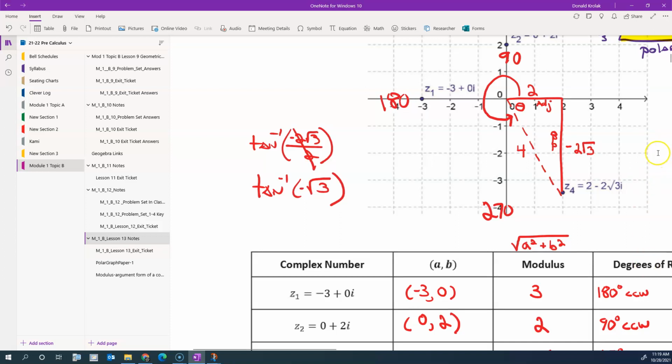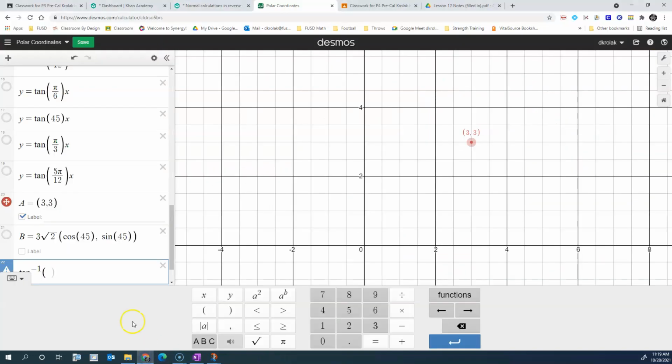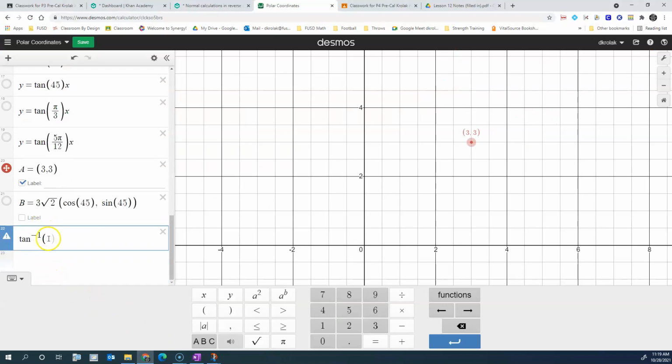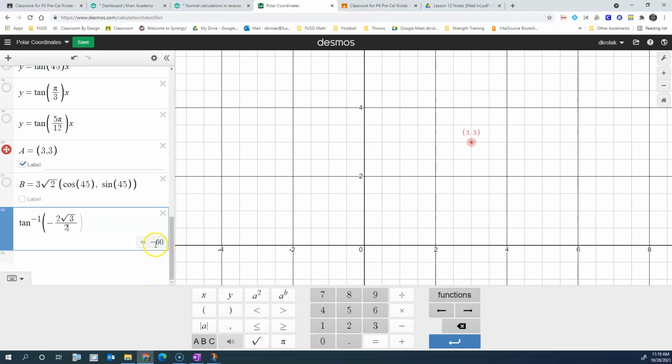You with me? Now, when I type that in, watch what I get. What did we say? This was -2 square root 3, and then I'm going to divide that by 2. And you see what you get? -60.